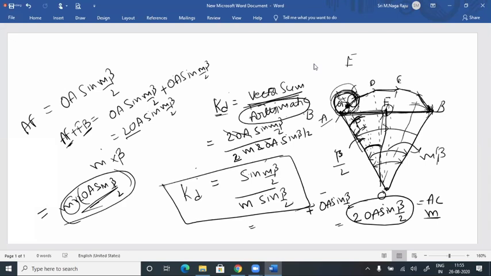So AB is 2 OA sin(M beta by 2). Now divide the vector sum by the arithmetic sum, and we get the formula sin(M beta by 2) by M sin(beta by 2). This derivation is very important from the examination point of view, theoretical.